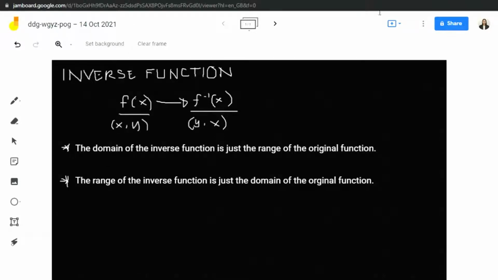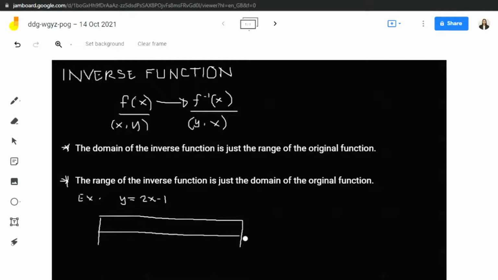Like for example, let's try to have an example. Given the function y equals 2x minus 1, let's make a table of values for this function. Let's say the values of our x or the domain are negative 2, negative 1, 0, 1, and 2. On the other side will be the y values or the range.